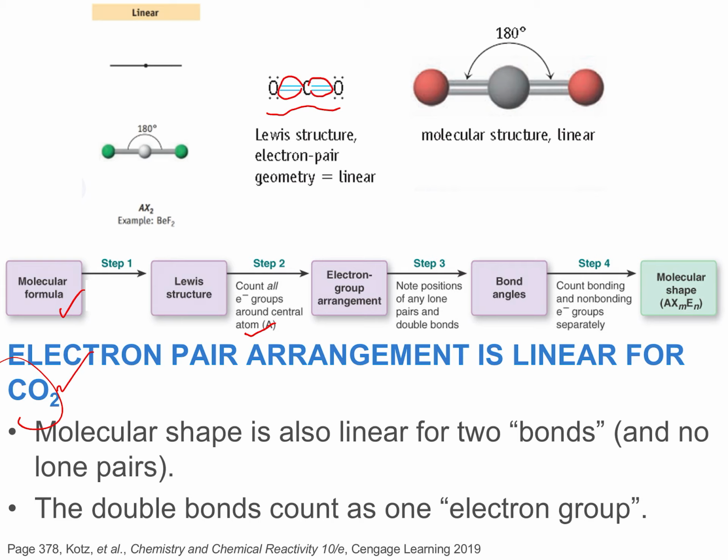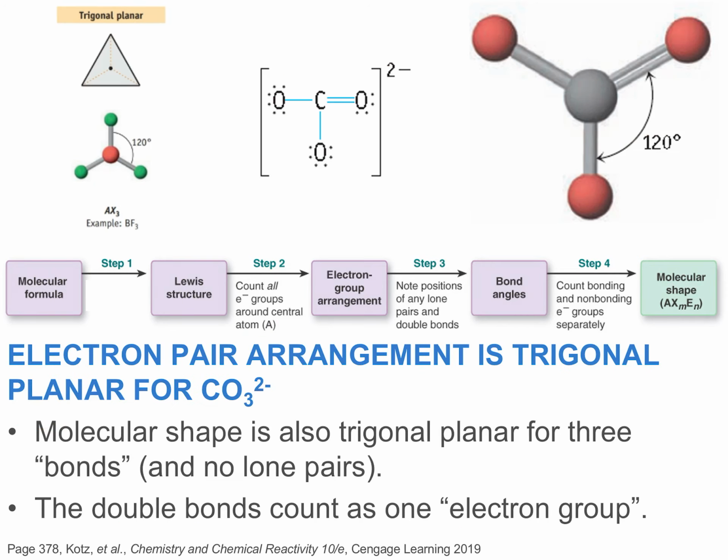Even though those are double bonds, each still counts as 1 group. So with 2 groups, the farthest they can get away from each other is 180 degrees apart, and that gives us a linear shape. So our electron pair arrangement is linear, and because it's two bonds and no lone pairs, our molecular shape is also linear. So the double bonds here count as one electron group each.